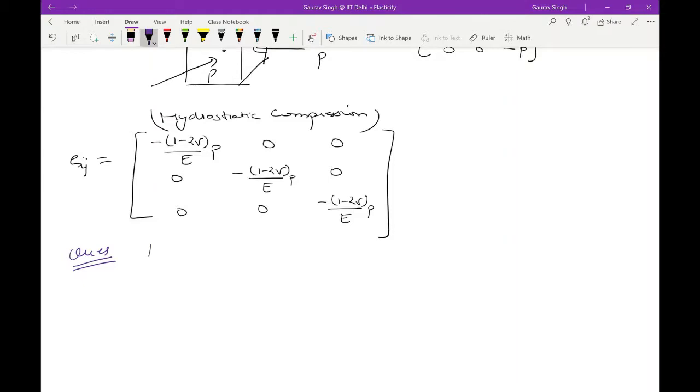It says a rectangular parallelopiped with original volume V naught is oriented such that its edges are parallel to the principal directions as shown in the figure. So let me just show the figure itself first.